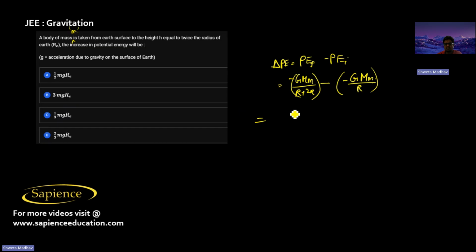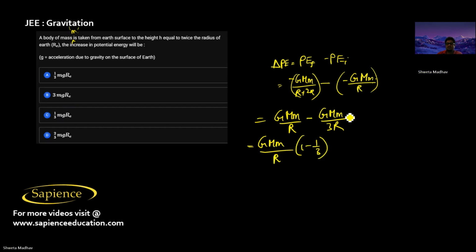Therefore, I can say this will be GMm by R minus GMm by 3R. So GMm by R I can take out, and that into (1 minus 1 by 3), which is equal to 2 by 3. It is equal to 2GMm by 3R.